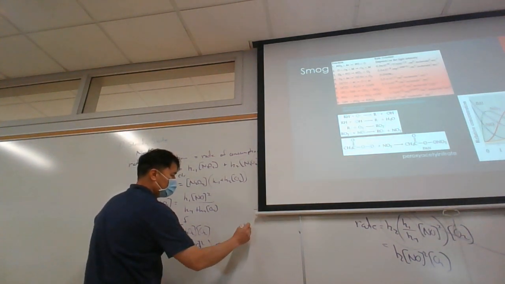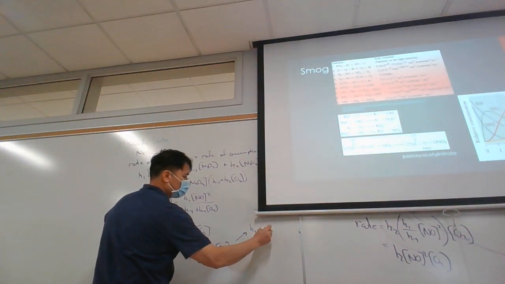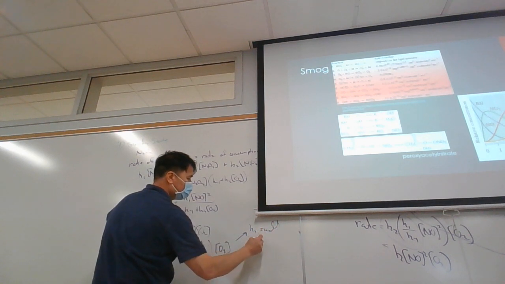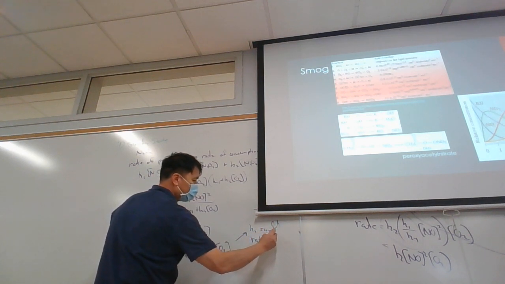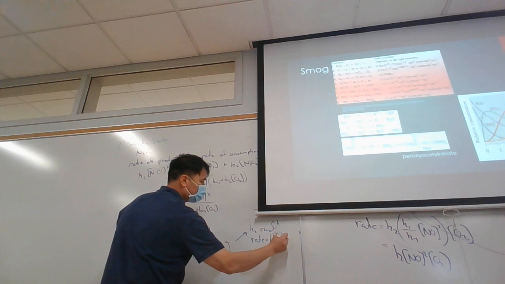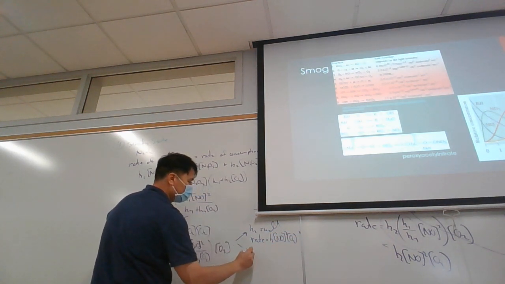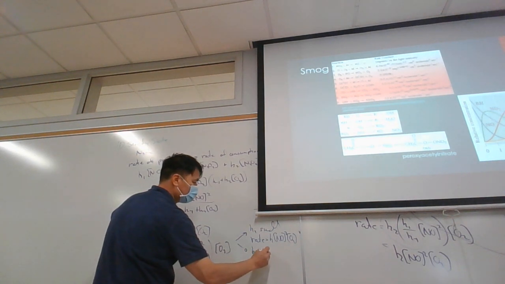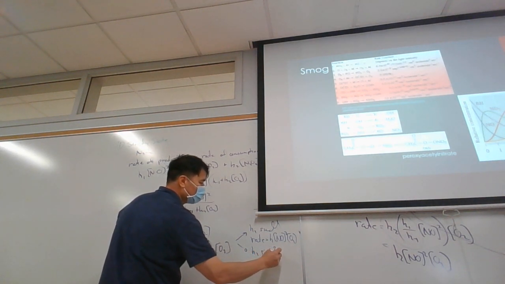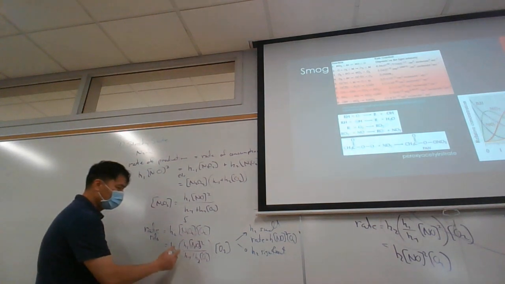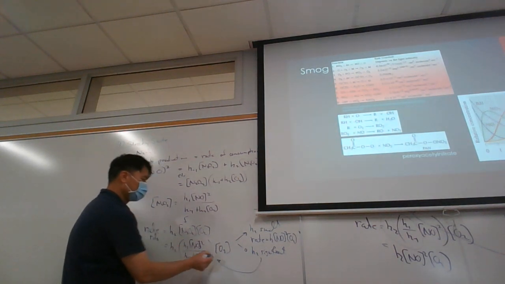K2 is small, then the rate is equal to K NO squared, O2. K2 is significant, that is, it's more than a little pinhole leak, then we get this equation here.